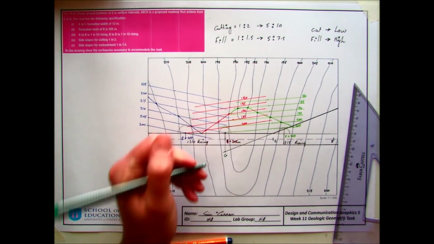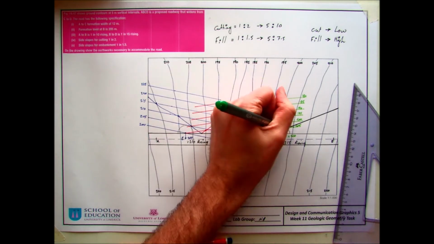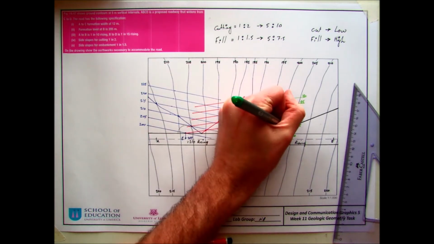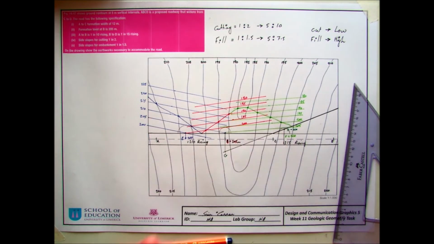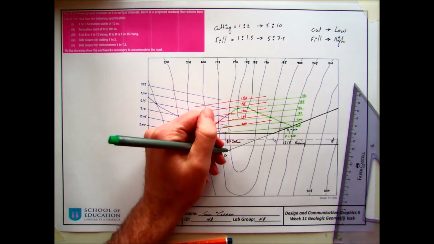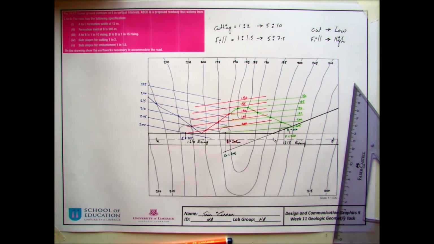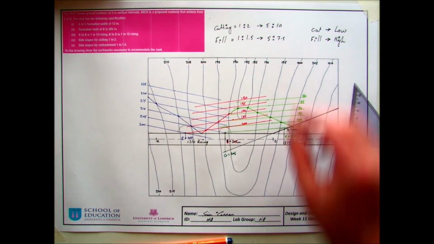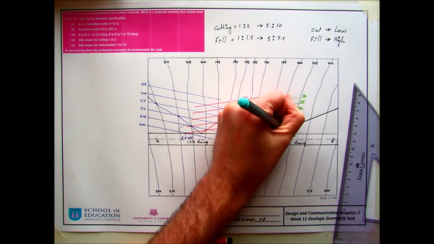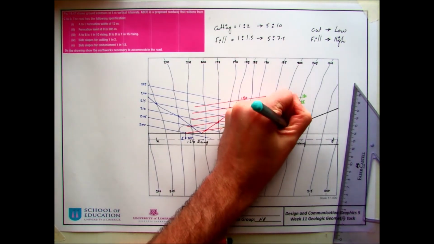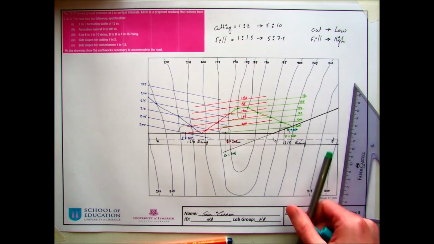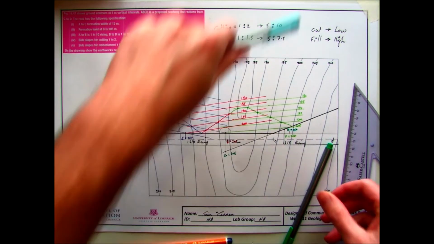I'll call this G, A, B, C, D, E, F, G, and then call this one H up here. Now H is also going to be at 210, and G is also going to be at 205. I should have changed the colour for H. So that's blue.